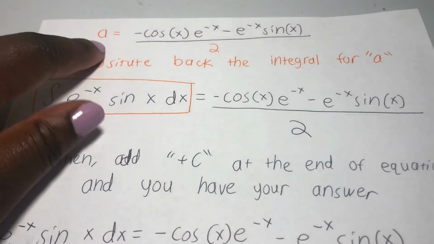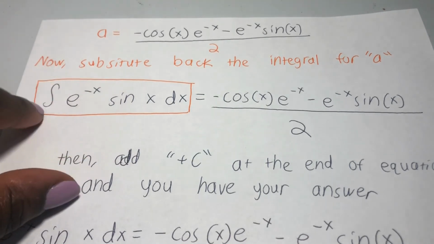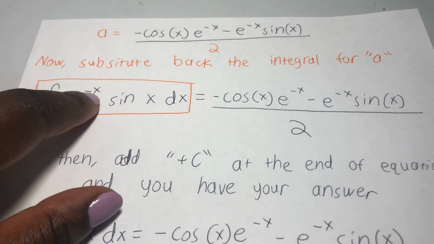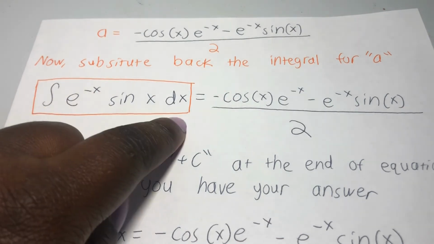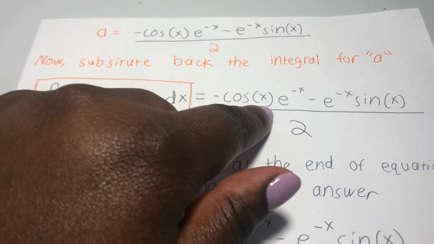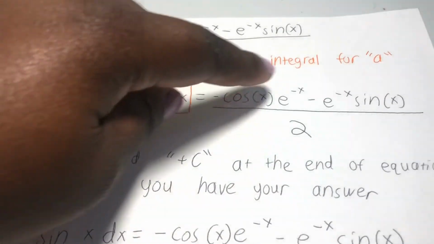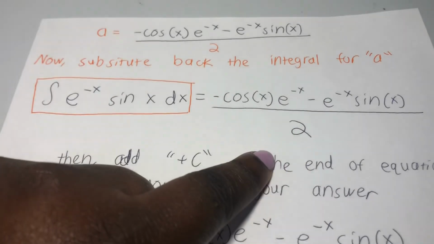So the integral of e to the negative x sine x dx is equal to negative cosine x times e to the negative x minus e to the negative x sine x, divided by 2.